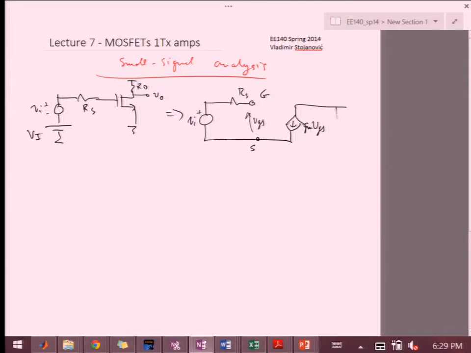And in this model, the body is also tied to ground, just like the source. So we don't have the gmb component. So this is r0. And then we have the RD in parallel.